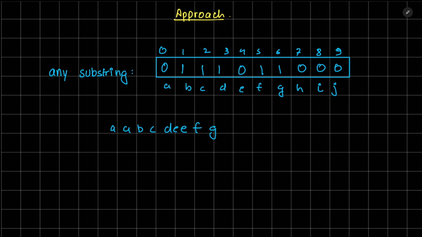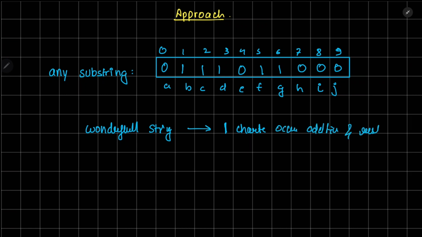Now let's take an example of a wonderful string. How would a wonderful string look? A wonderful string will have either one character occurring an odd number of times and the rest even, or else all will be even numbers.